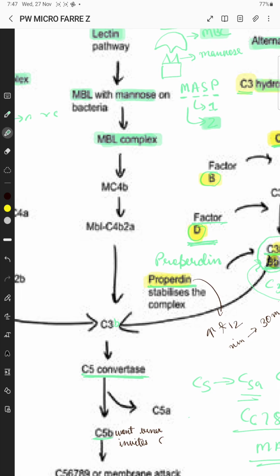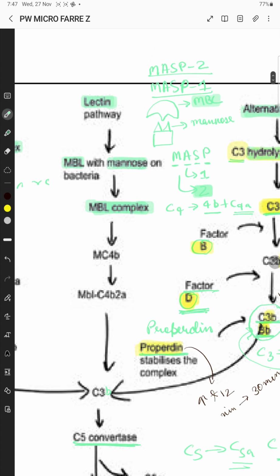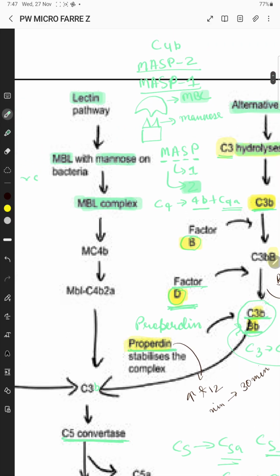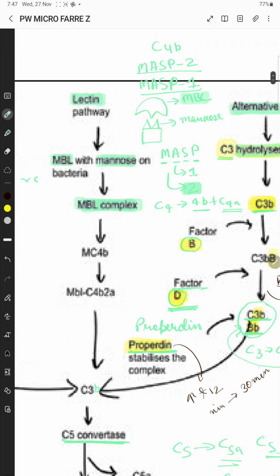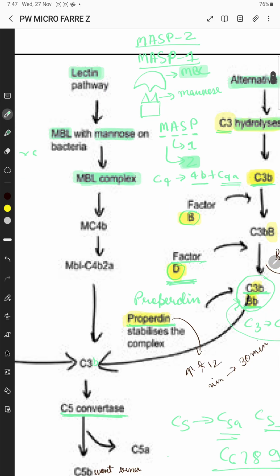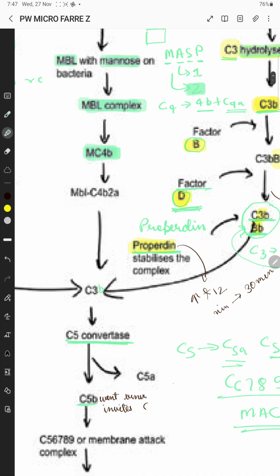MASP2 will cleave C4 into C4B and C4A. C4A will go away and act as an anaphylatoxin, and C4B binds to it. This is known as the C3 convertase.